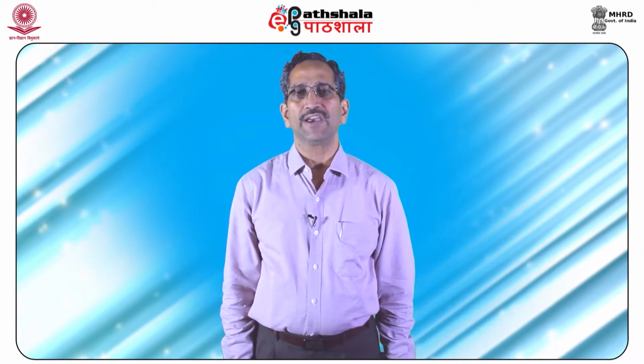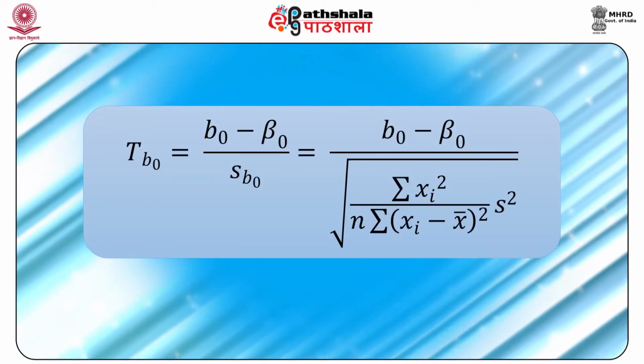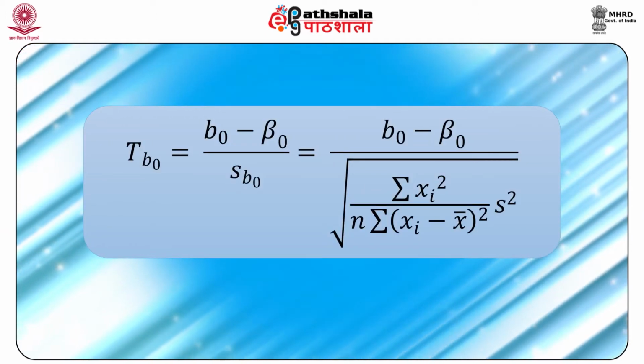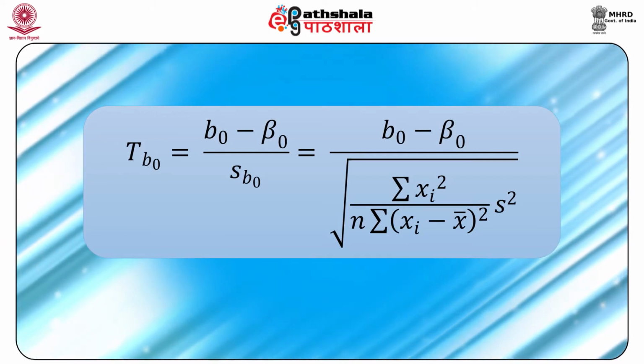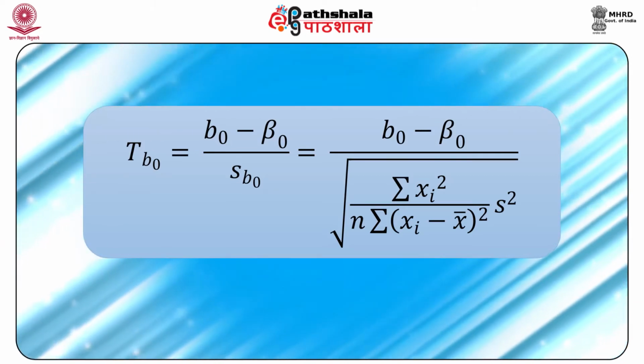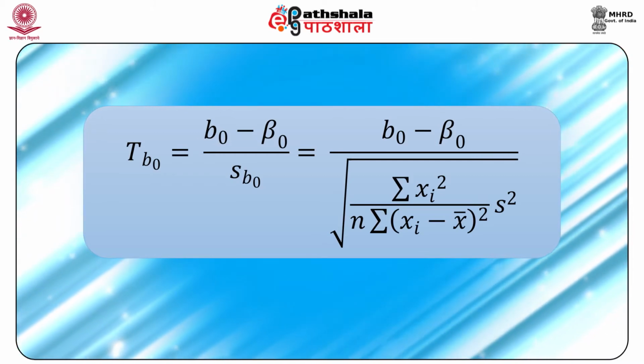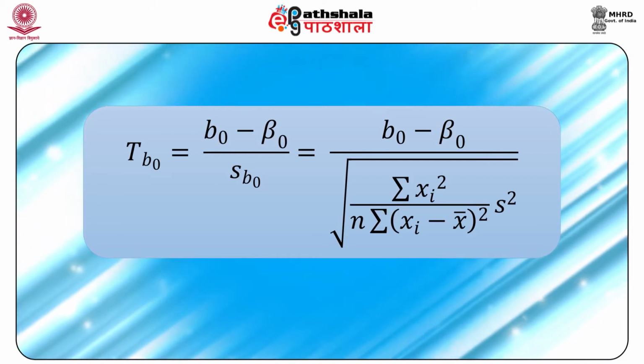Now, if we substitute s square for sigma square, where sigma square is generally not known, then we will have tb0 equal to b0 minus beta 0 upon sb0, and in that formula which we had discussed earlier we substitute sigma square by s square.